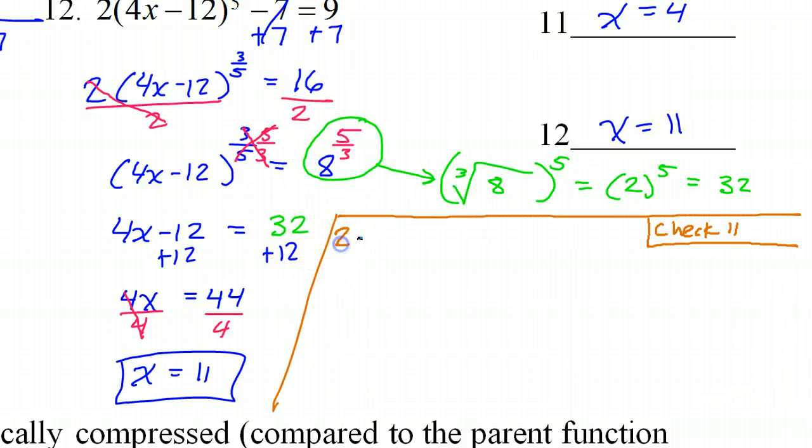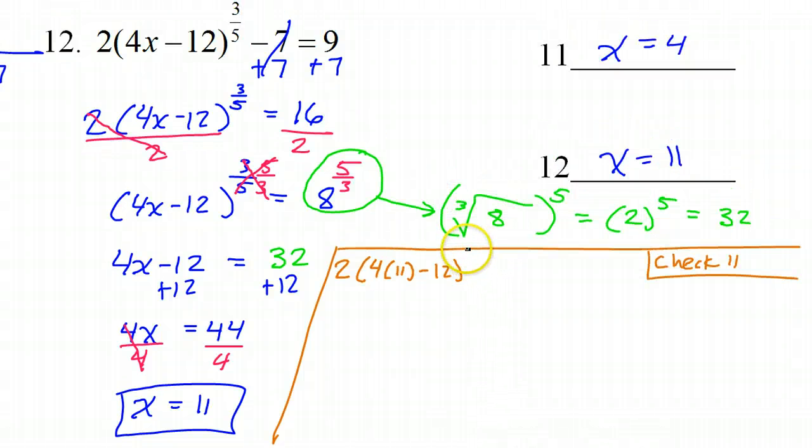So that would make this 2 times 4 times 11 minus 12 to the 3/5 power minus 7 is equal to 9.